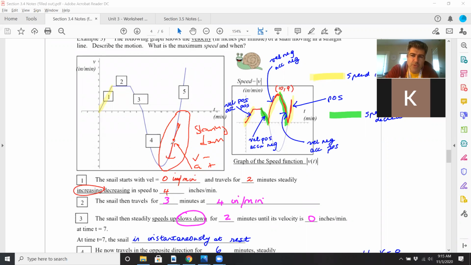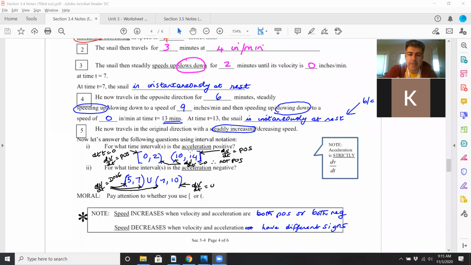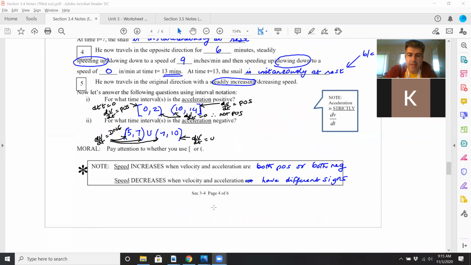So don't overthink it too much. It is coming to a stop, but that's because your velocity was going in the opposite direction and your acceleration is going in the positive direction. So that's what's happening there. Acceleration is positive, but you are slowing down from 10 to 13.